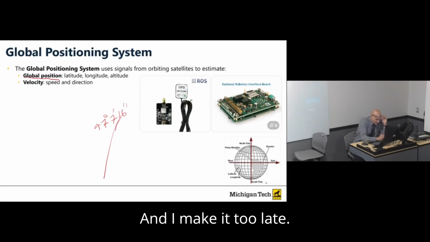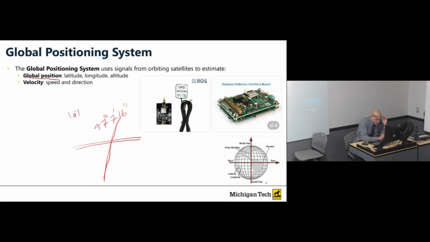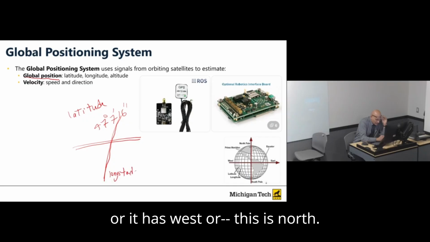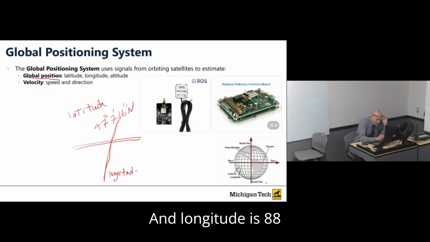And I make it like two lines. And actually that's latitude, and this is north. And longitude, west, is 88 degrees, 24 minutes and 9 seconds.